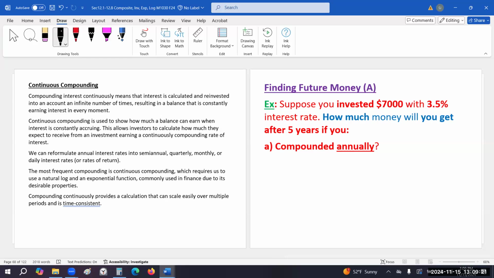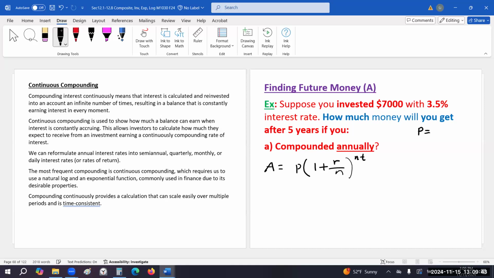So let's see what is given here. Since we are doing annually, that means we have an N. N means this formula: A equals P times 1 plus R over N, to the power NT. Anytime it's not continuous, that's your formula.